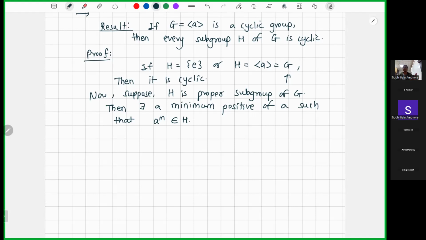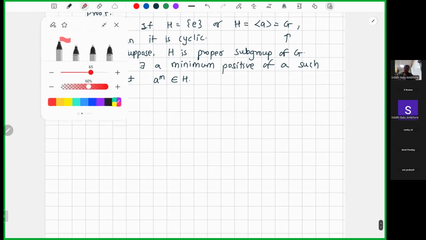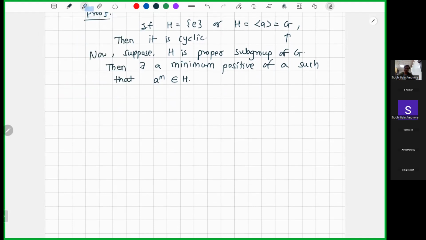If H is not E or the entire G, there exists a minimum positive power of A such that A power M belongs to H. Please keep in mind that this is the minimum positive power.